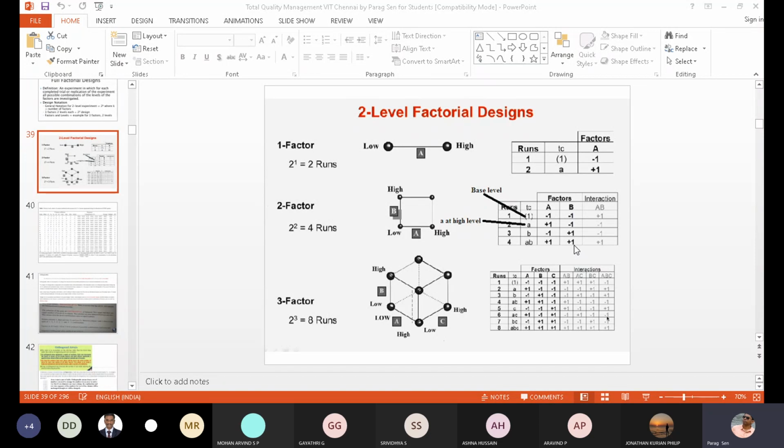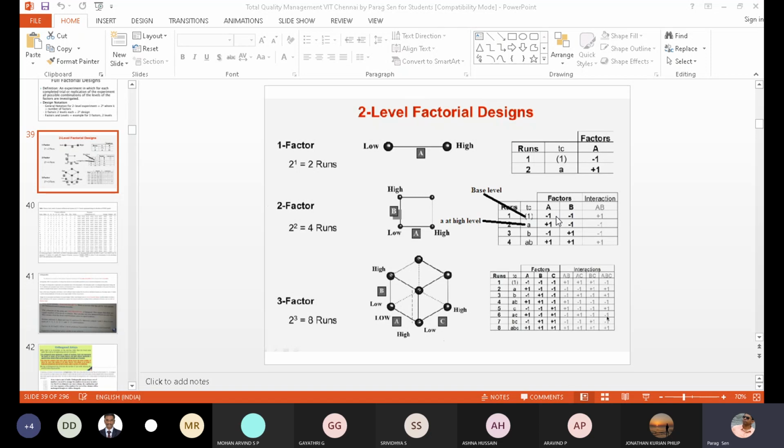In this way, it is considered. And 1 is termed as the base level, which means both the factors are at low level.